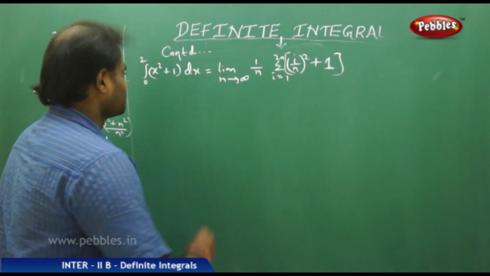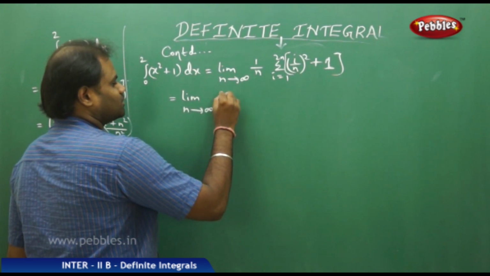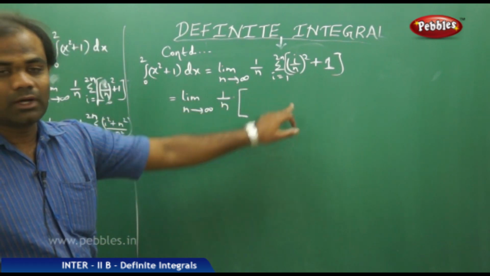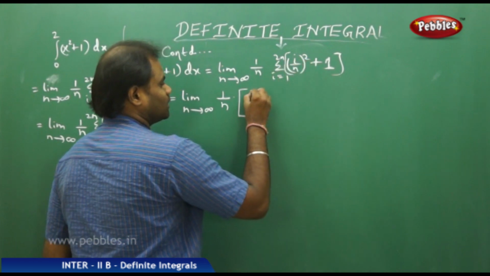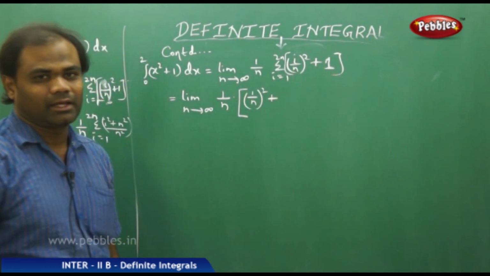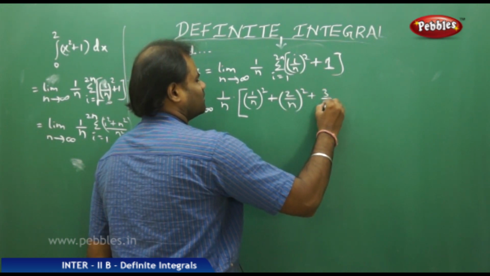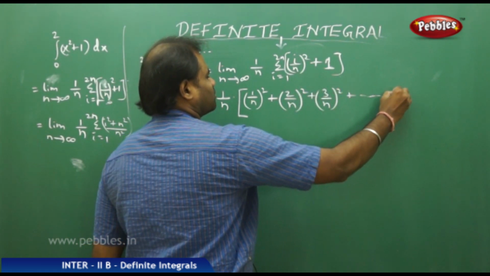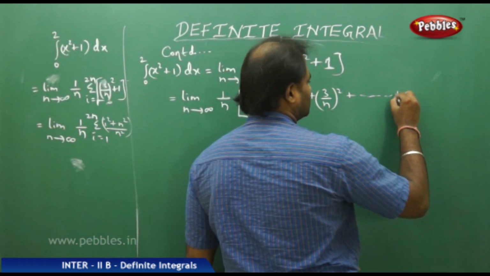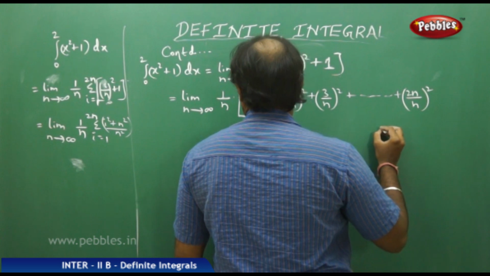In this case, I get limit n tending to infinity of 1 by n, and the summation with i equal to 1 initially gives (1 by n) whole squared, the next value of i, which is 2, gives (2 by n) whole squared, then (3 by n) whole squared, and proceeding similarly, the last value is 2n, which gives (2n by n) whole squared.